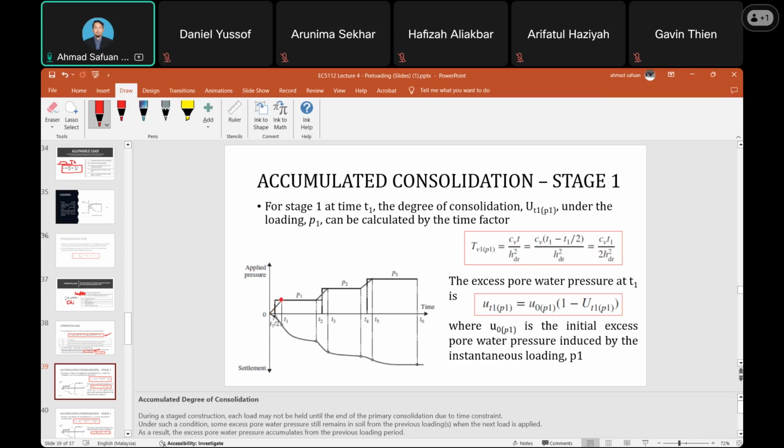Once we have reached the desired height of pressure, we maintain it for some time.